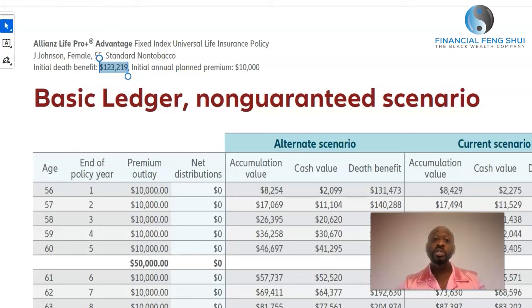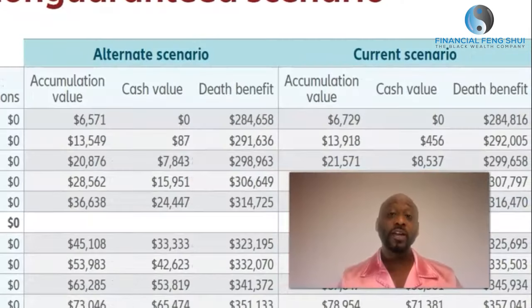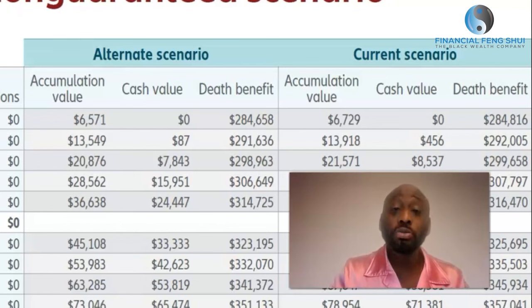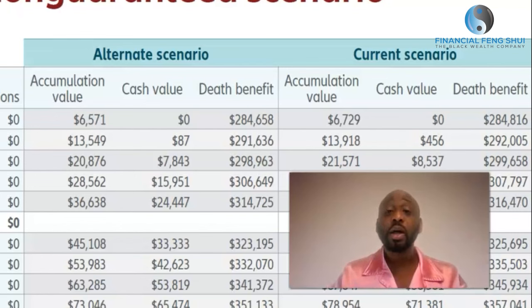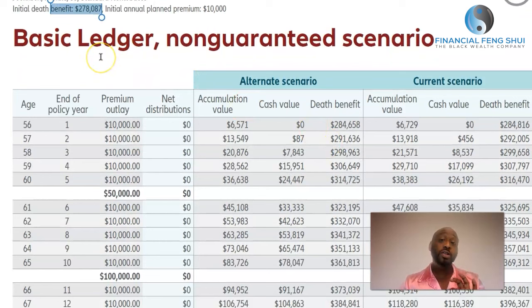And watch this. Let's go back over to the policy with the higher death benefit, because remember, this is an infinite banking policy. So we're doing this not for the death benefit. We're doing this for the accumulation value, the tax-free income later, the ability to borrow from that bank that we built up into the policy. Now look what happens over time with the $278,000 death benefit.